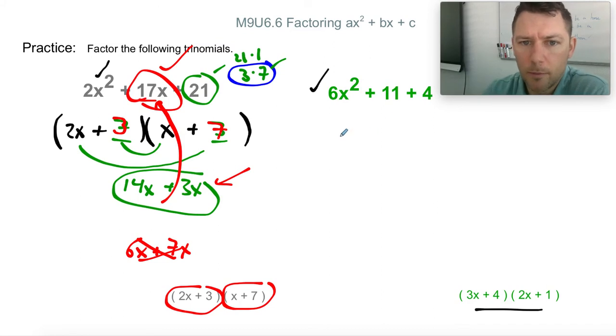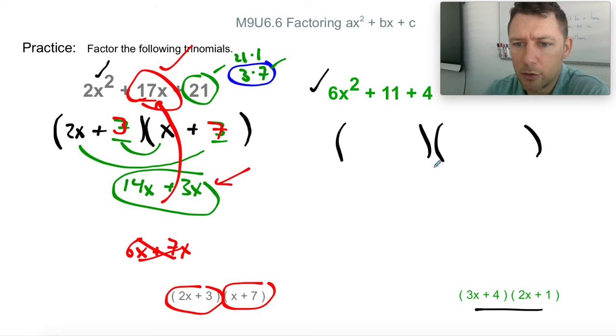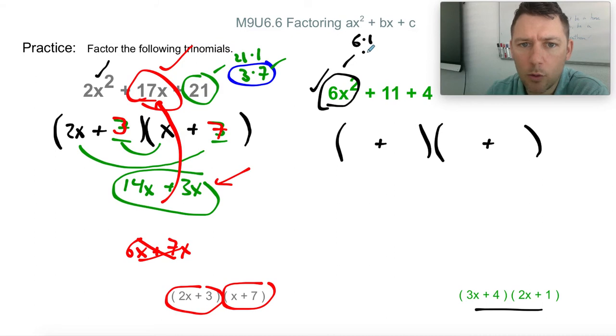Okay, so this we know is going to be a binomial. 2 binomials multiplied. They're both positive, so these are both going to be positive. This is a little bit trickier because 6x, you can multiply it to 6 by going 6 times 1 or 2 times 3. I don't know which one it is, so I'm going to try 2x and 3x.